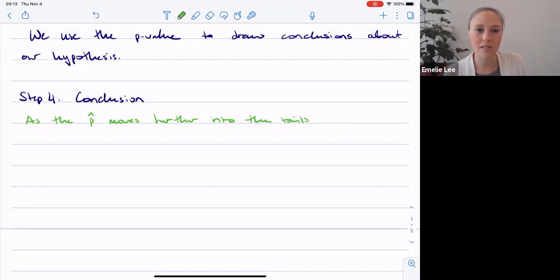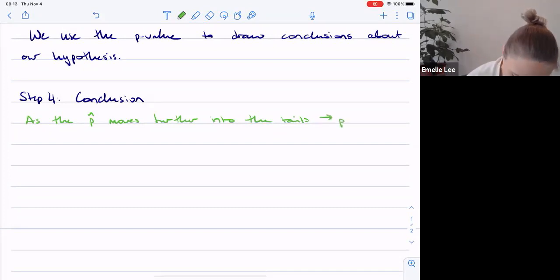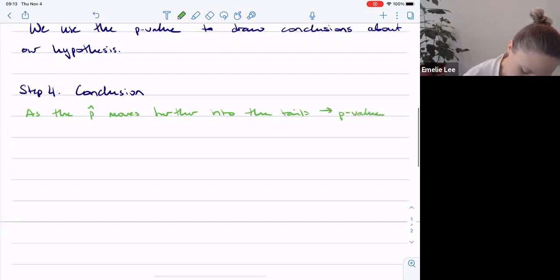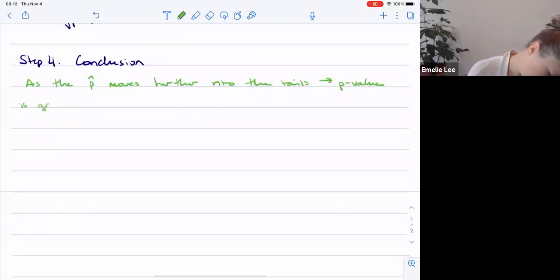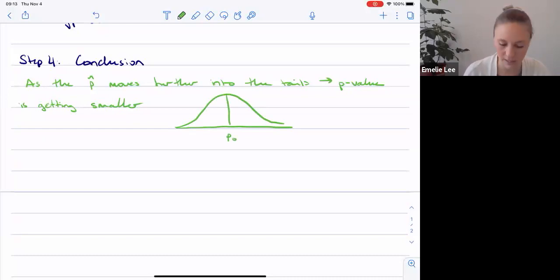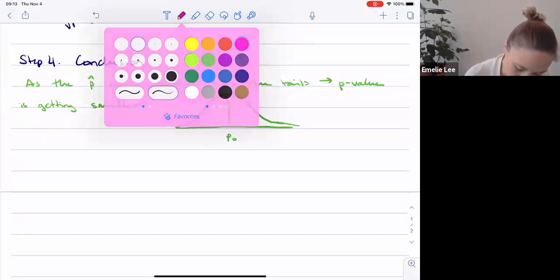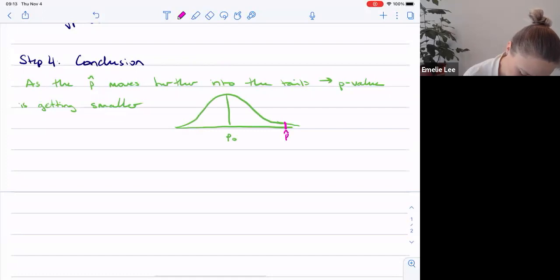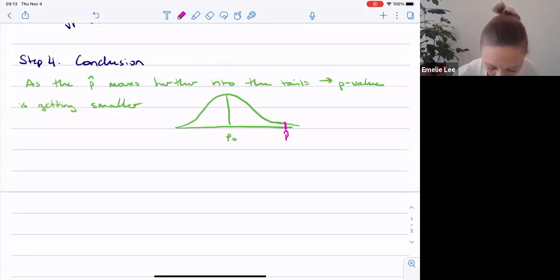So as the sample proportion moves further into the tails, which would mean that the p-value is getting smaller, because if you have your hypothesized proportion here, and you've got your sample proportion out here, then this value becomes really small.